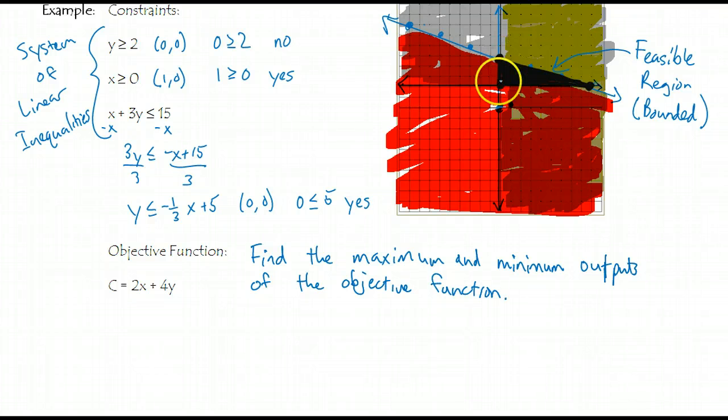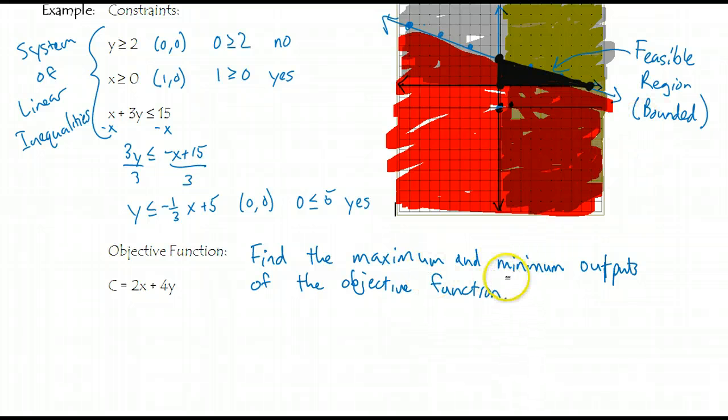I'm not finding the maximum and minimum values in my feasible region. I'm going to take those points and plug them into an objective function to maximize and minimize this function. So it's not necessarily the highest or the lowest point in my feasible region. It's what happens to those points when I plug them into the objective function.